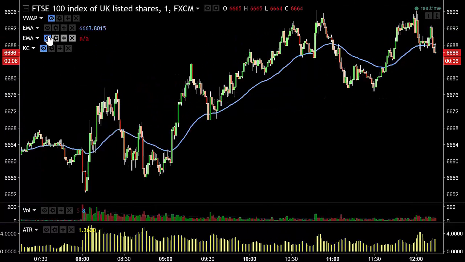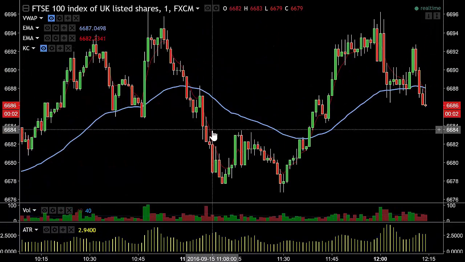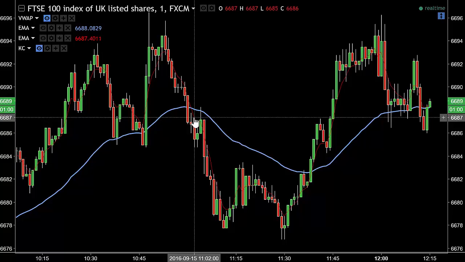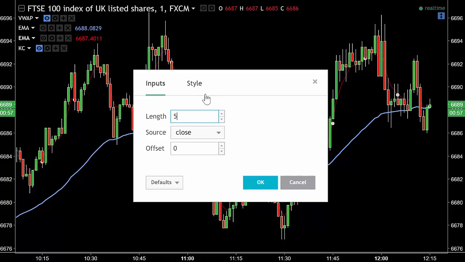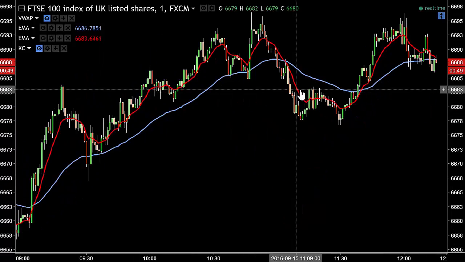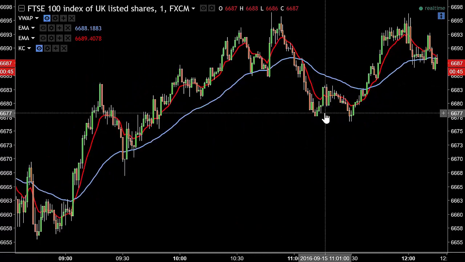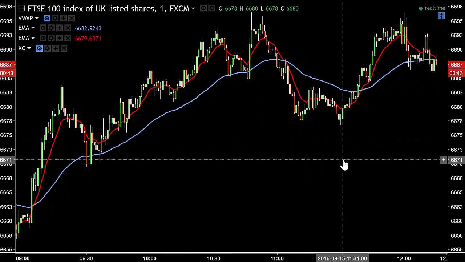Another way of doing it is to have two moving averages on your chart. So let's thicken this up a little bit. This one is a 5, but let's put it into a 10. Let's make it a little bit thicker so we can see it. Normally I wouldn't have it so thick. Some people use several moving averages to filter their trades.